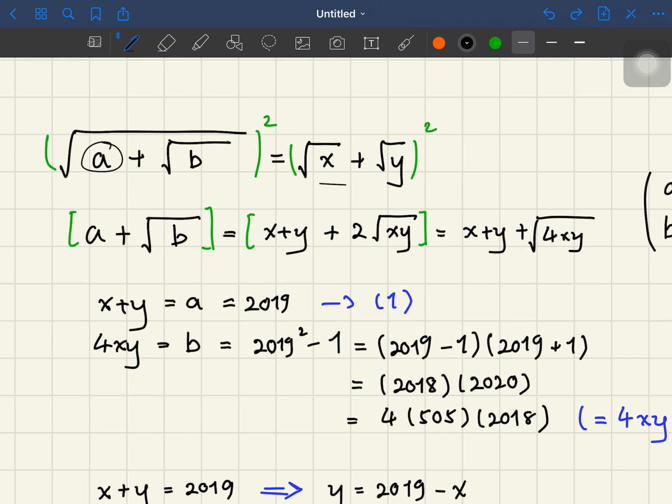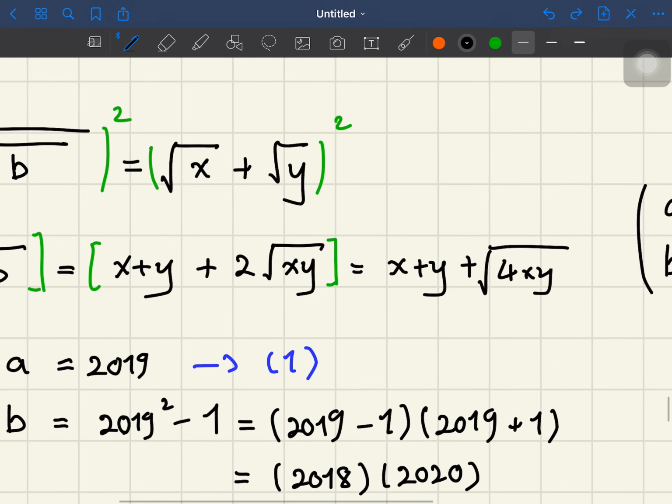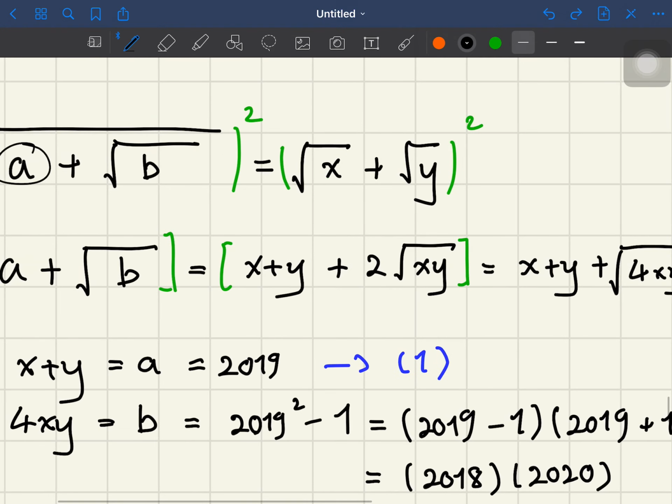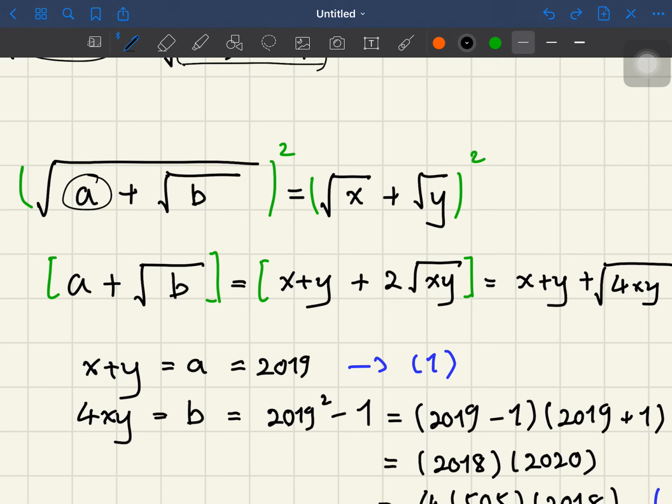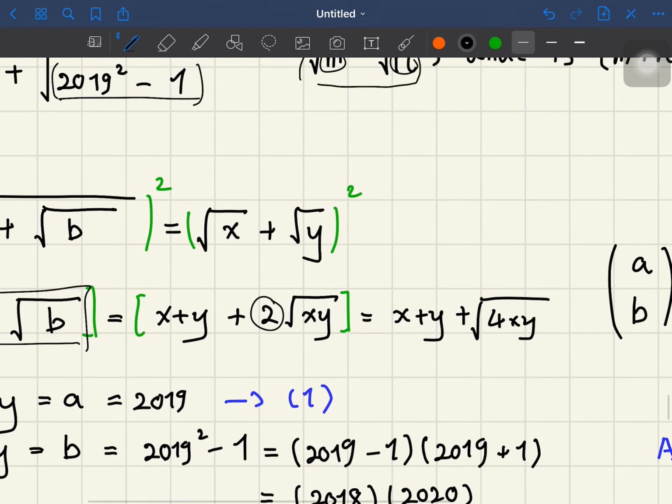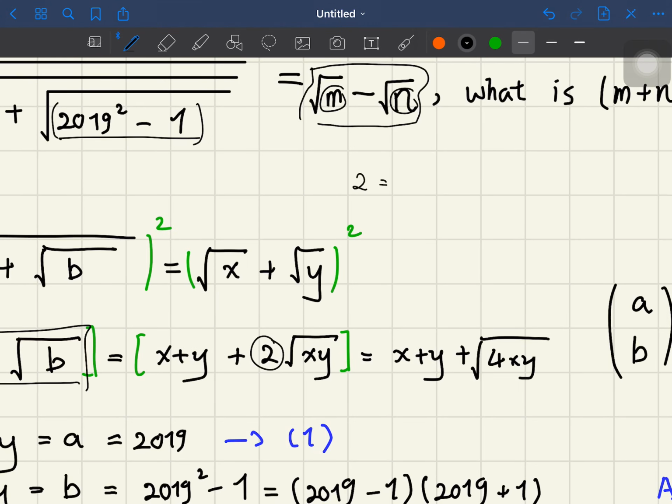And hence you will get, in this case, because I want to have radicals here, for the sake of comparison, I want to have something which is similar to a plus square root b. So I must allow this 2 to fit inside the radical. So we can relate that 2 equals the square root of 4.